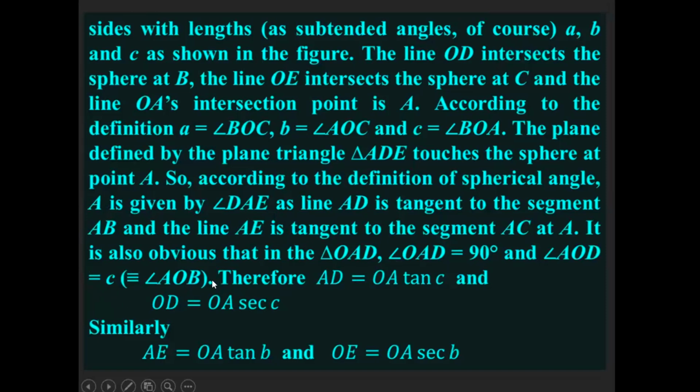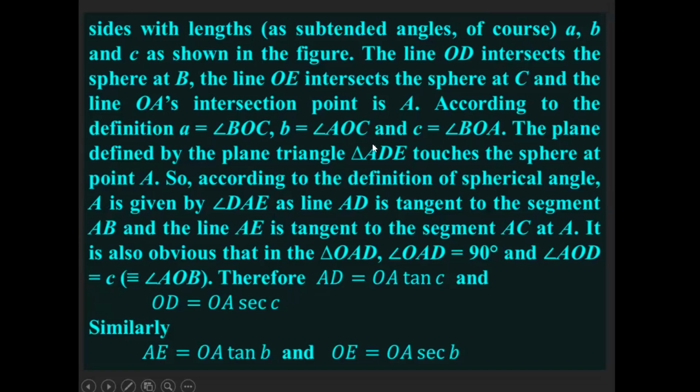First of all, angle A is BOC, that arc. Angle B is angle AOC, which is subtended at the center. Angle C is the subtended angle at the center.